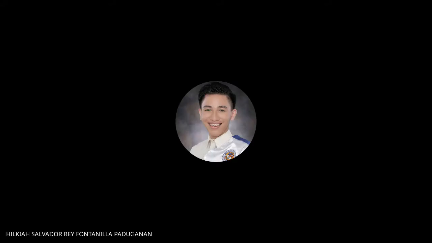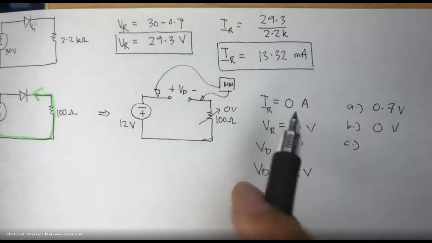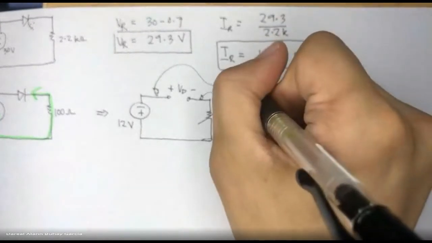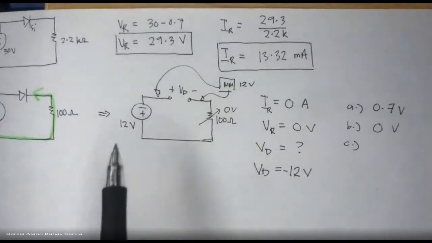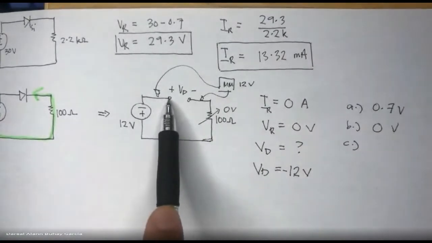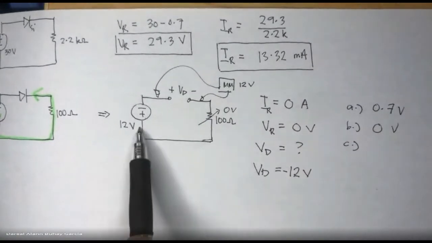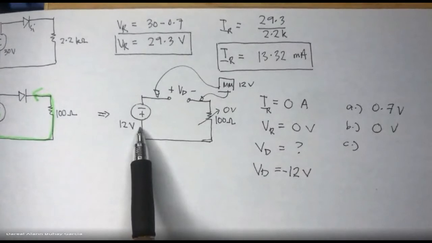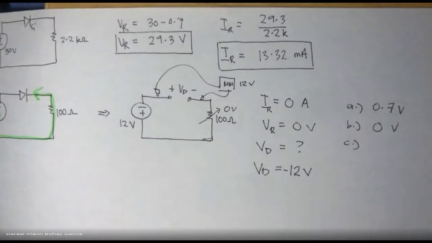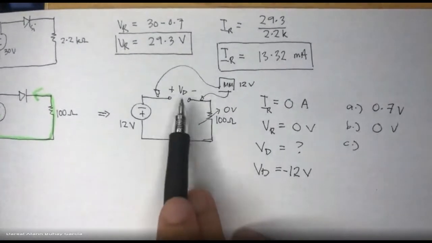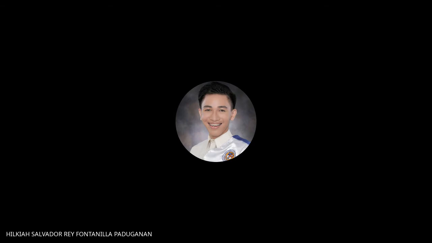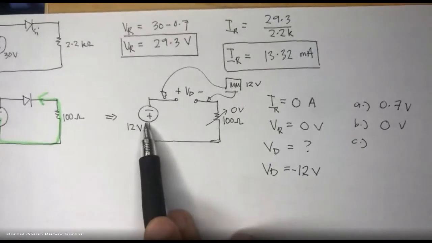If the diode is an open circuit, what voltage drop will the multimeter measure? 12 volts. Isn't that a direct connection from here to the battery? It directly measures the voltage drop of the battery, no? That's why the voltage drop across the diode, even though it is an open circuit, is negative 12 volts.